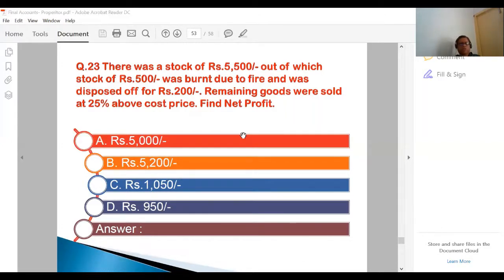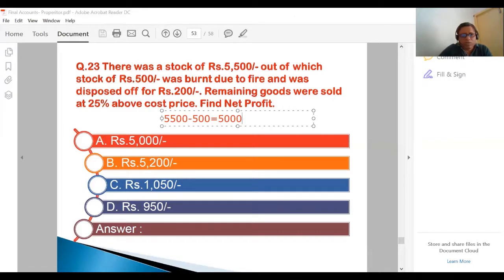There was a stock of 5,500, out of which 500 was burnt due to fire and was disposed for 200. Remaining goods were sold at 25% above cost. So there was a stock of 5,500. Of that, stock burnt worth 500 gives a cost of 5,000 stock.